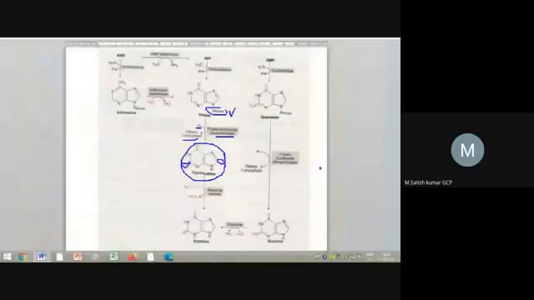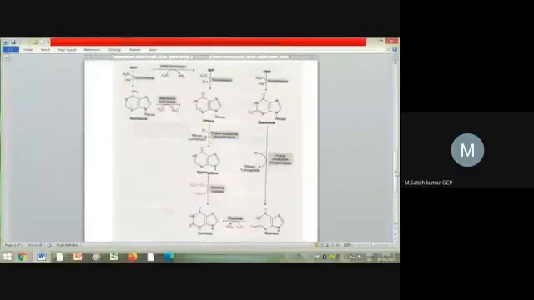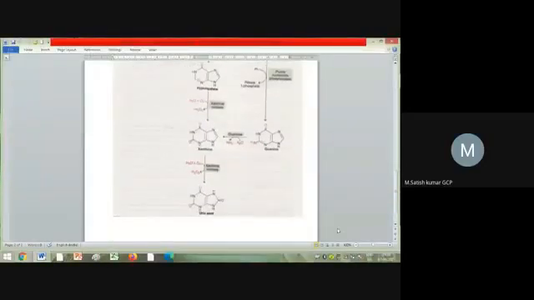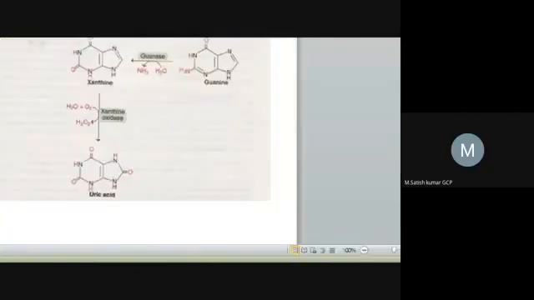Now we are forming hypoxanthine, which is a nitrogenous base, but here we need 2 oxide groups at this position and this position. So in the further steps, oxidation takes place in the presence of xanthine oxidase. This is the enzyme which oxidizes the hypoxanthine, forming xanthine, and xanthine again oxidizes and finally forms uric acid.